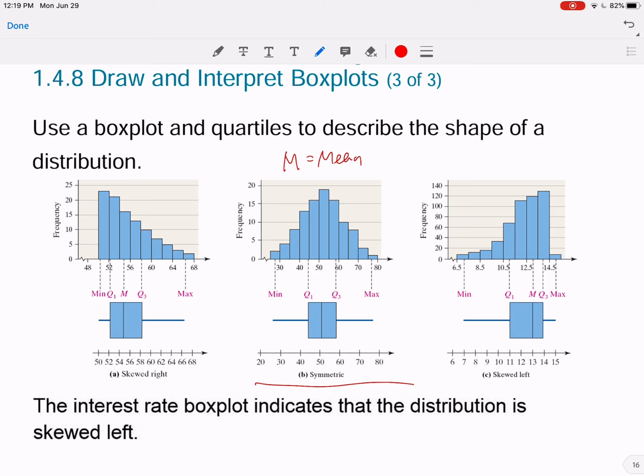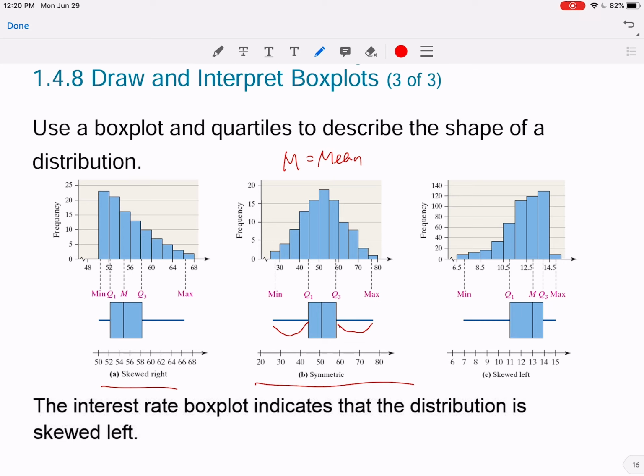And we can tell that the length of the right whisker is the same as the length of the left whisker.